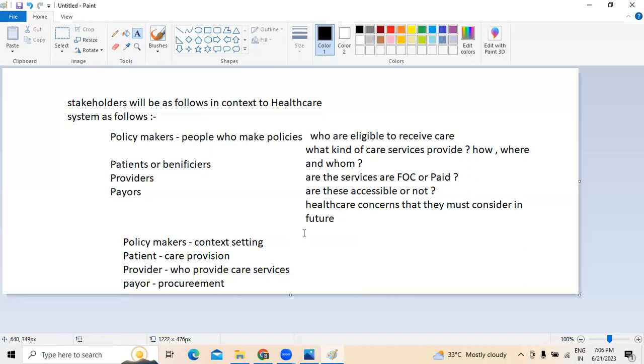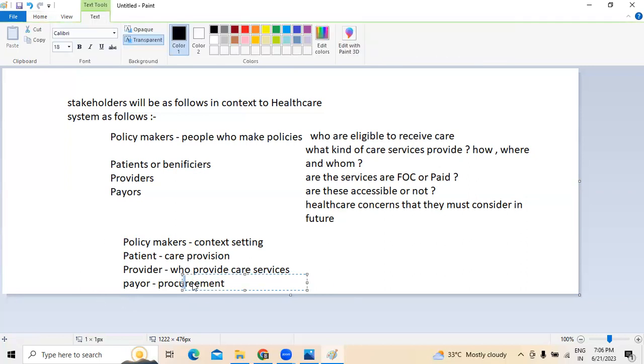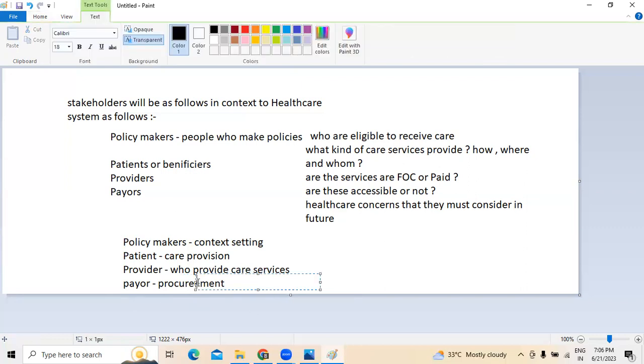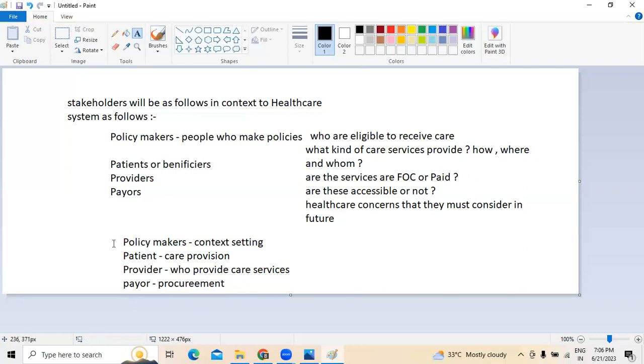Payers are the persons doing the procurement. Right, I think I added one name there, but it's okay. This is the overall structure of stakeholders that, as a business analyst, we need to manage in real time.